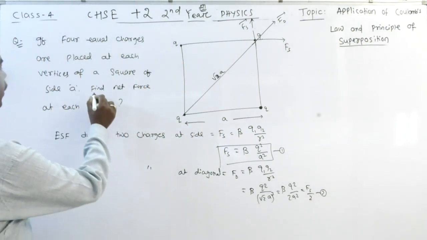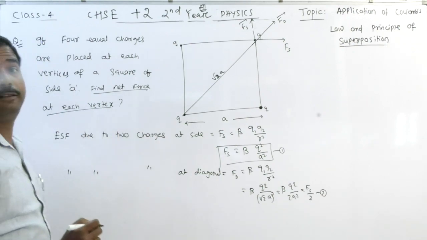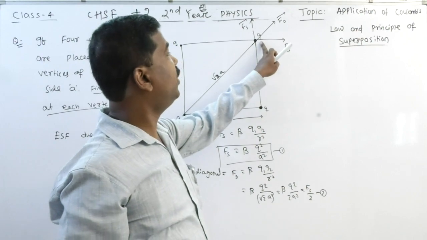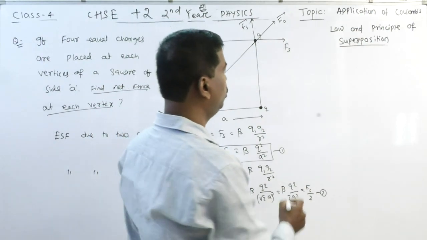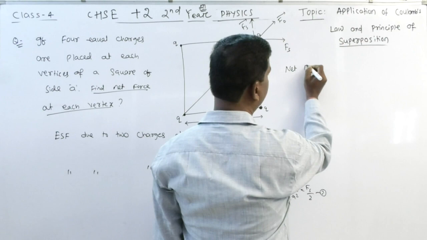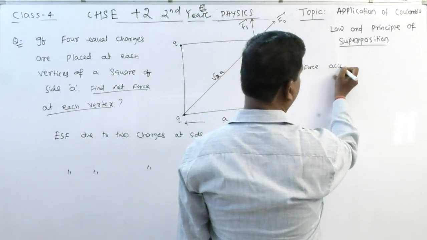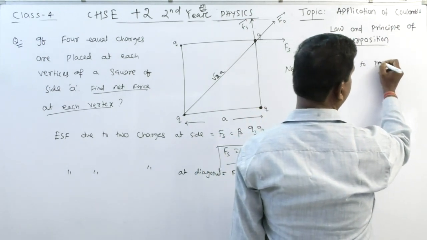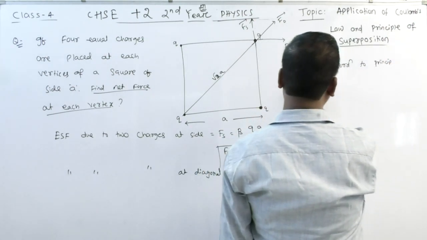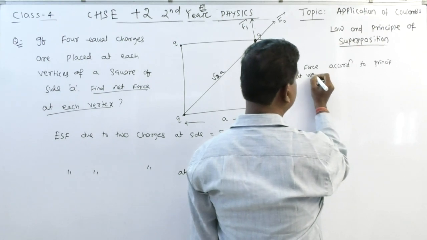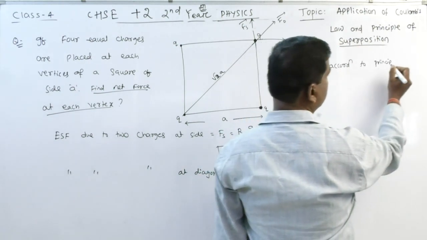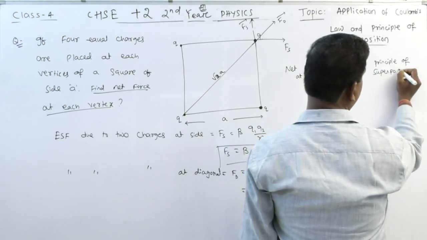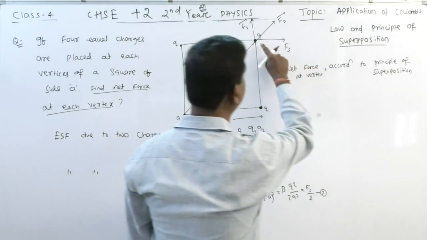The question is to find the net force at each vertex. So hence I have to find the net force at each vertex. According to the principle of superposition, this is the net force.